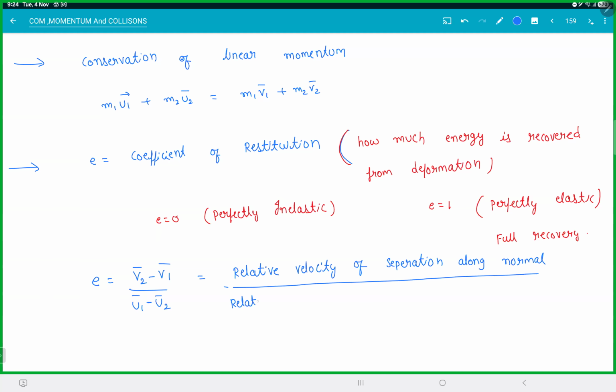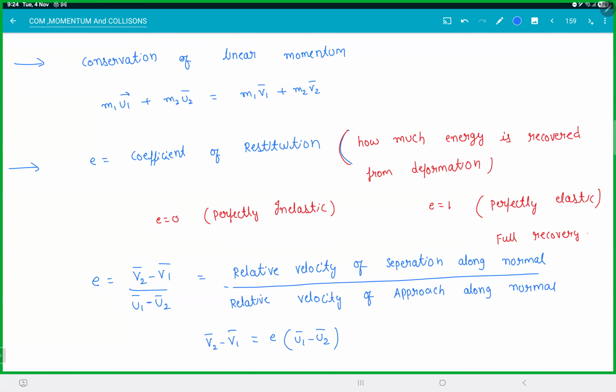U1 minus U2 is the velocity with which they are initially approaching, along the normal. So V2 minus V1 bar can be written as E times U1 minus U2 bar. So the final relative velocity is E times the initial relative velocity.